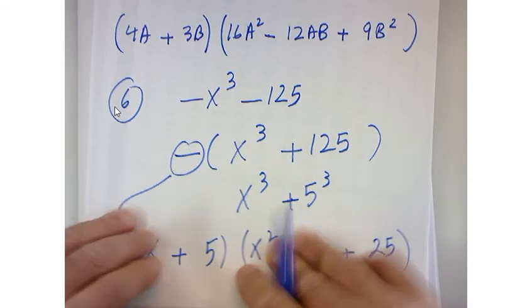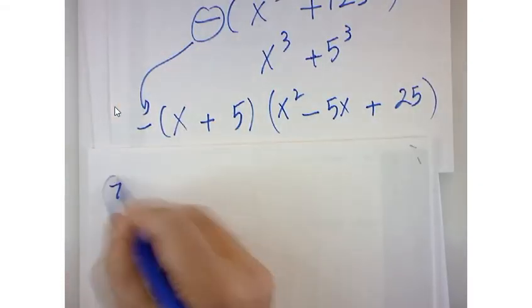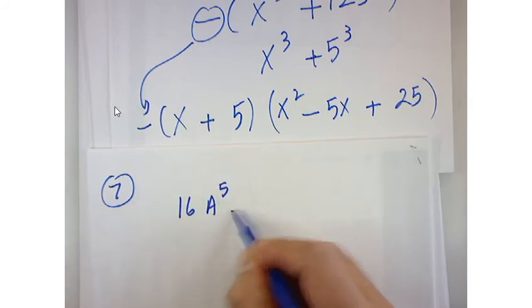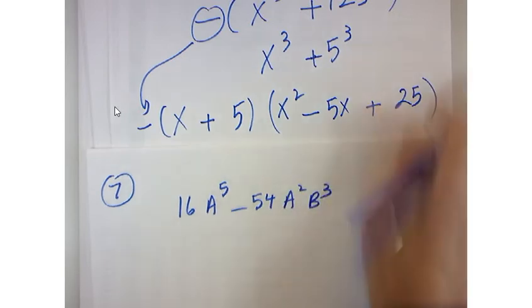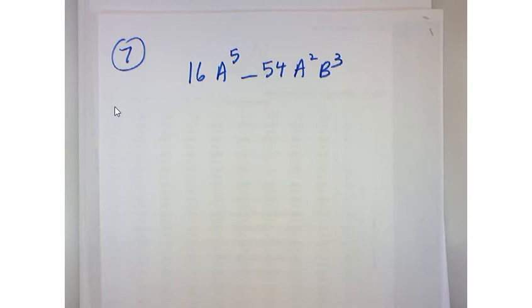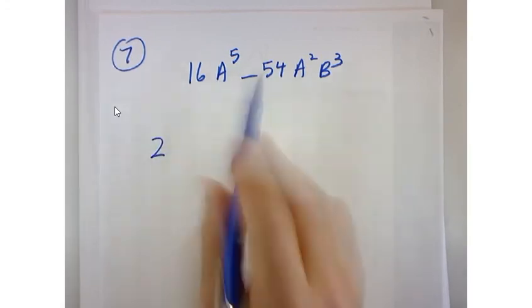And finally, 16a to the 5 minus 54a squared b cubed. So the greatest common factor is 2a squared.